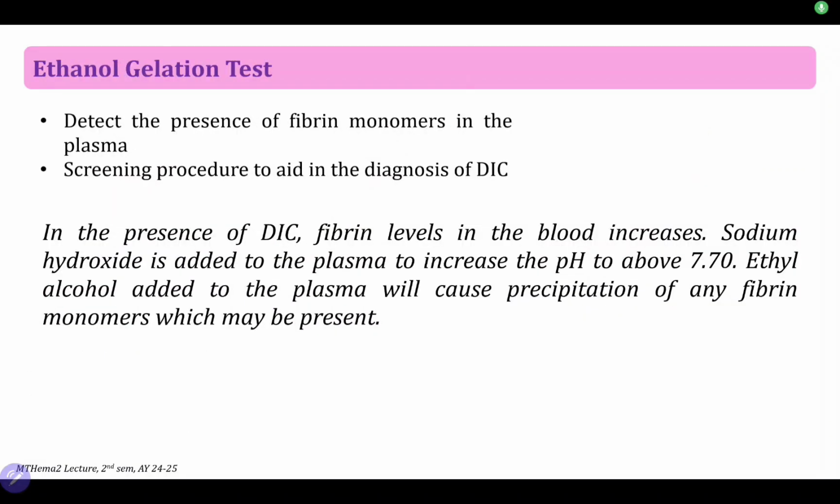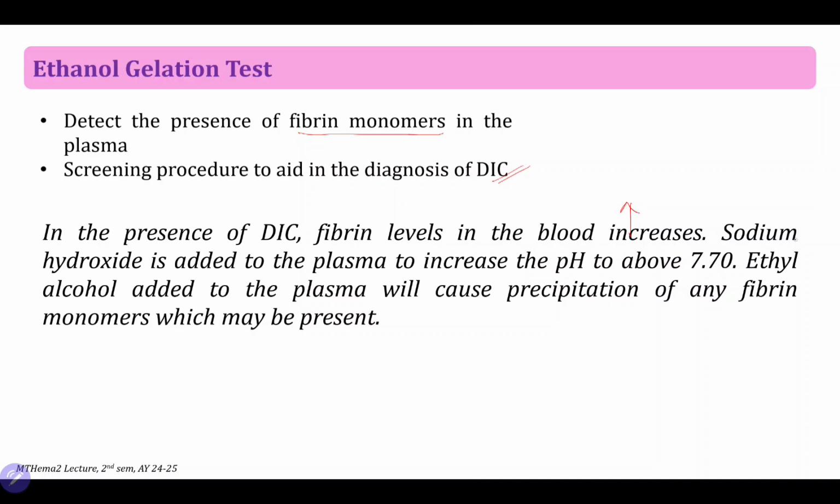Next is your ethanol gelation test. This is used to detect the presence of fibrin monomers in the plasma, and this is also used as a screening procedure to help in the diagnosis of DIC. Now, in the presence of DIC, your fibrin levels in the blood also increase because of increased activation of coagulation and also an increased fibrinolytic system.